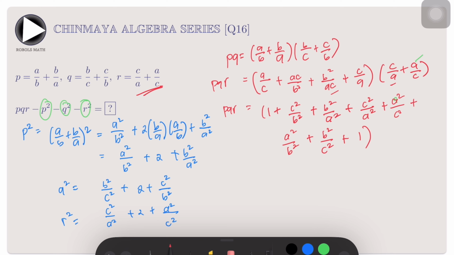Therefore PQR is 1 plus this bunch of squares plus another 1.